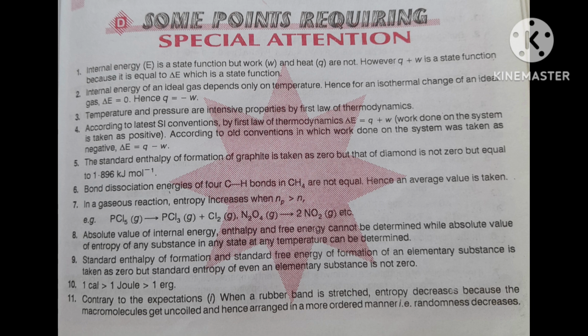Okay, this is again important question. You remember, when an egg is boiled, the entropy increases because denaturation occurs, resulting into a change of proteins from helical form into random coiled form.